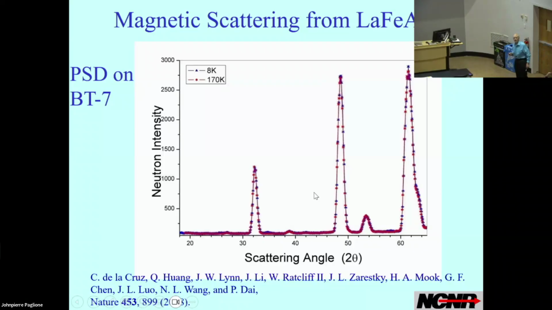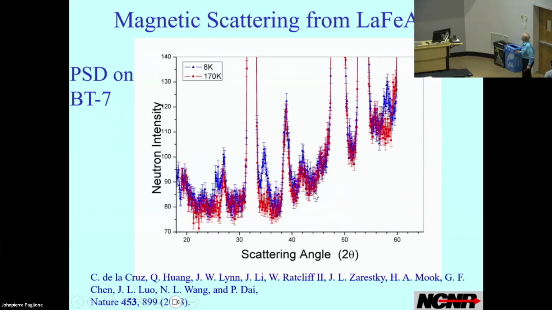So these are spin-half systems, less than a Bohr magneton. I mentioned that the scattering goes like the square of the moment. So if you look at holmium and you got 10 Bohr magnetons versus half a Bohr magneton here, you're missing a few orders of magnitude. But you can see these. If you blow those up, you see these peaks.